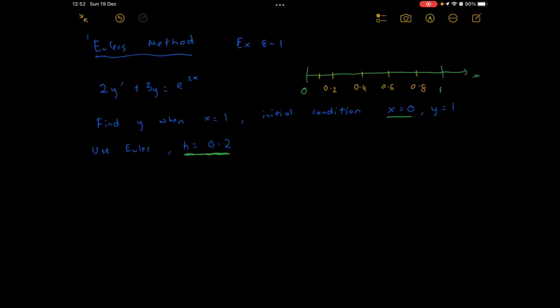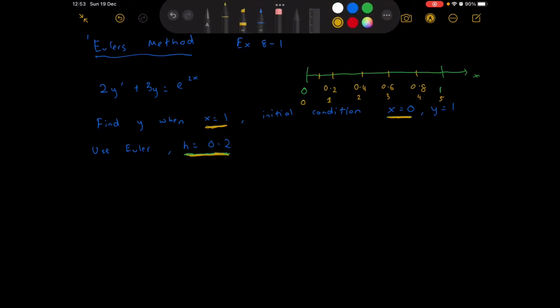So this would be the 0 iteration, the first iteration, second iteration, third iteration, fourth iteration, and fifth iteration. From h equals 0.2 and the initial condition and output, we can know straight away that it requires 5 iterations.